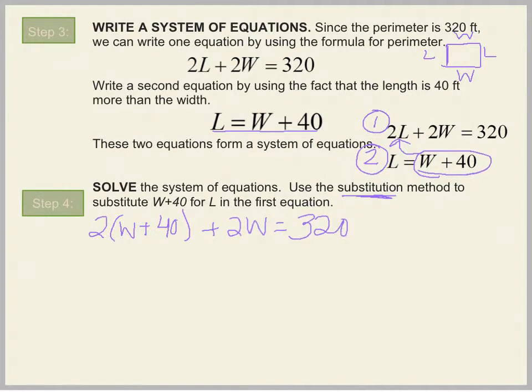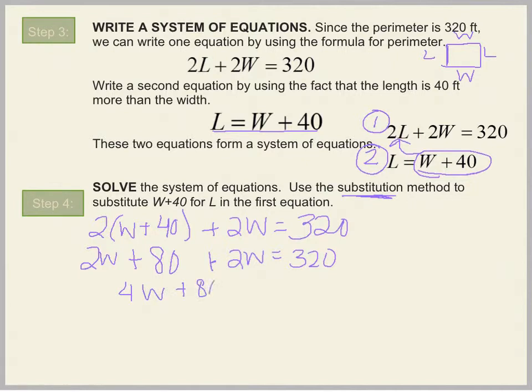This is my first equation rewritten with substituting in my second equation. Next, I'm going to distribute: 2W plus 80 plus 2W equals 320. I'm going to combine like terms.